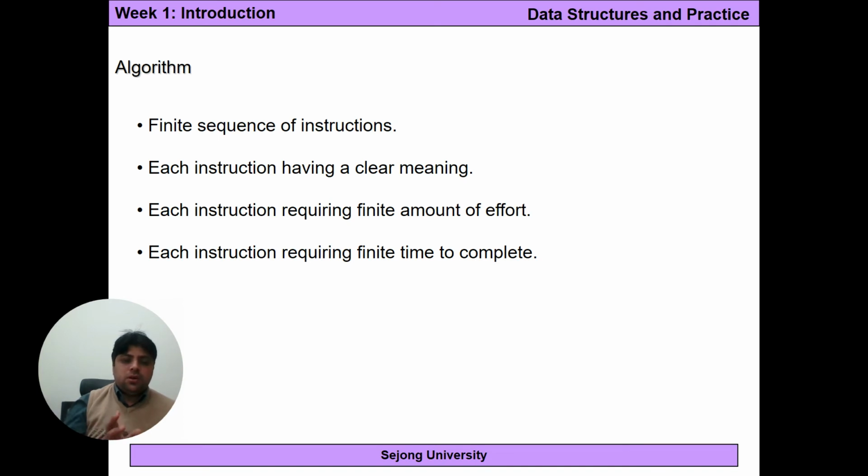That effort should be finite, not infinite. Next, each instruction requires finite time to complete. The time should be defined, meaning finite time, not infinite time, or our program goes into infinite processing. So these are the properties of any algorithm.